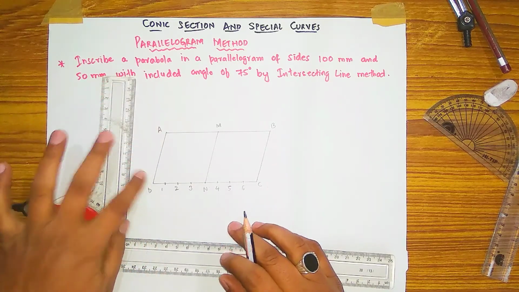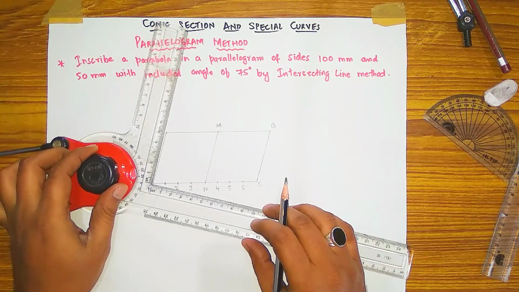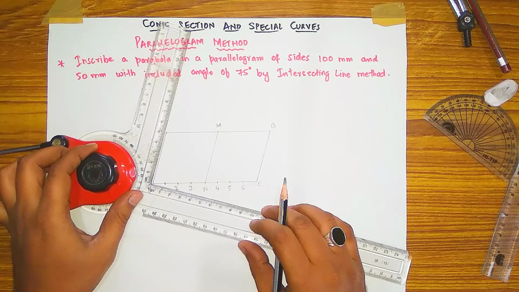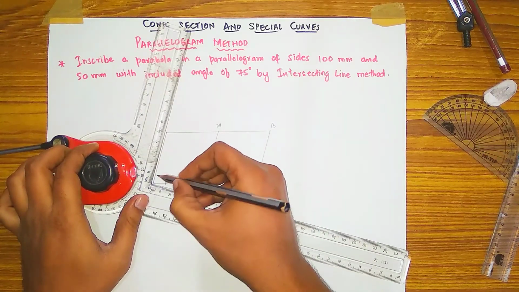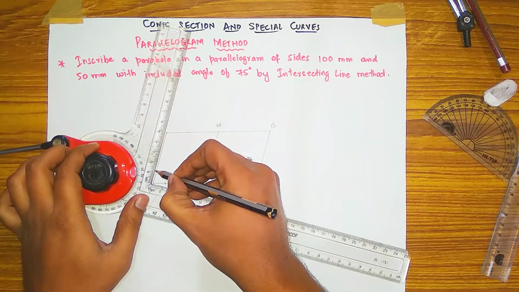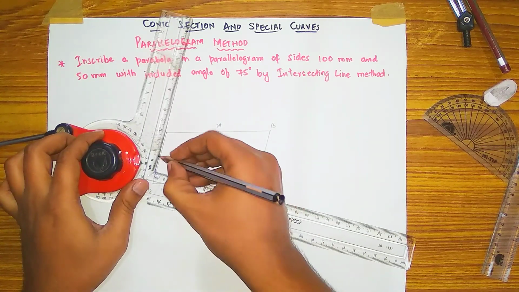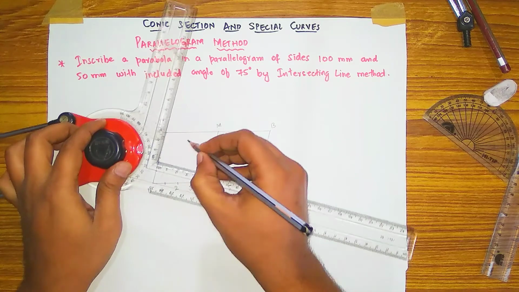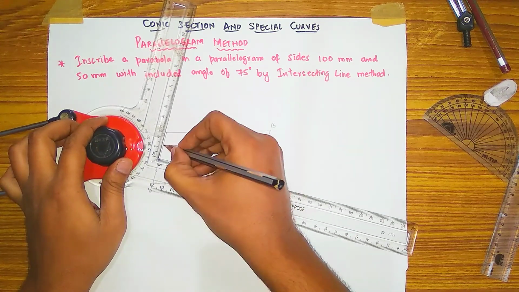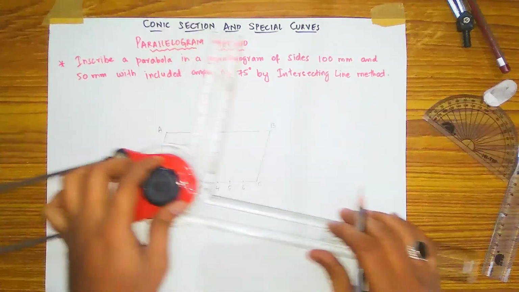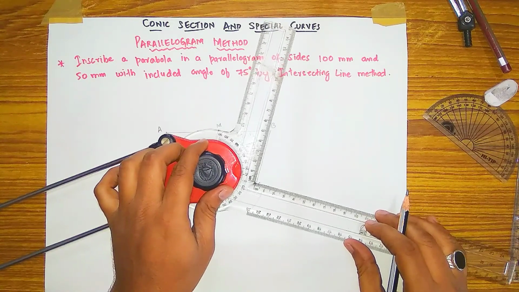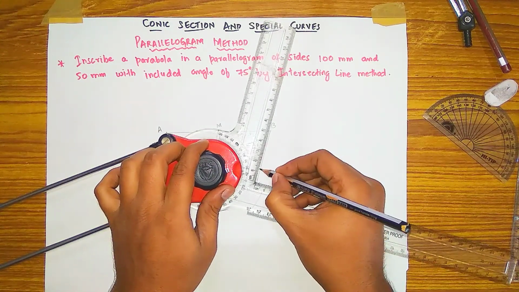Now divide this line into 4 equal parts. This line is 50, so if you divide this 50 into 4 equal parts, each part will be 1.2 centimeters, meaning 12 mm. Same here, 12 for each part.